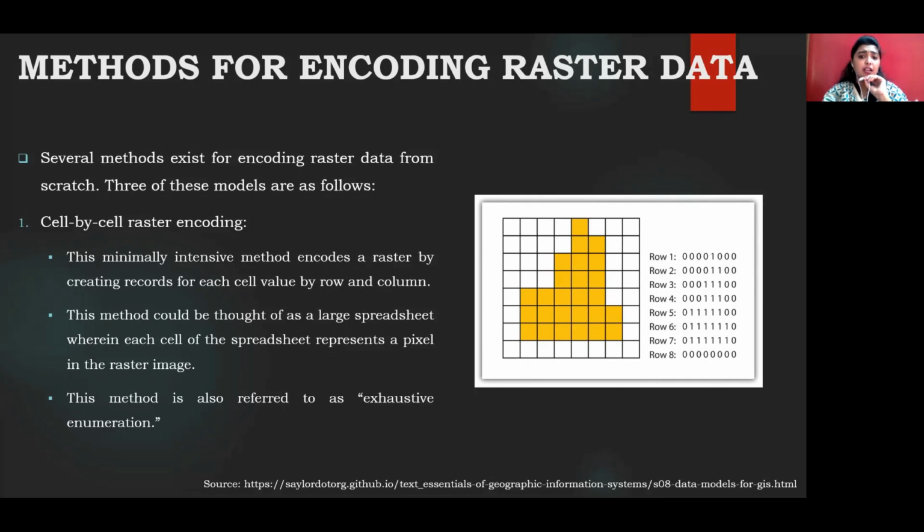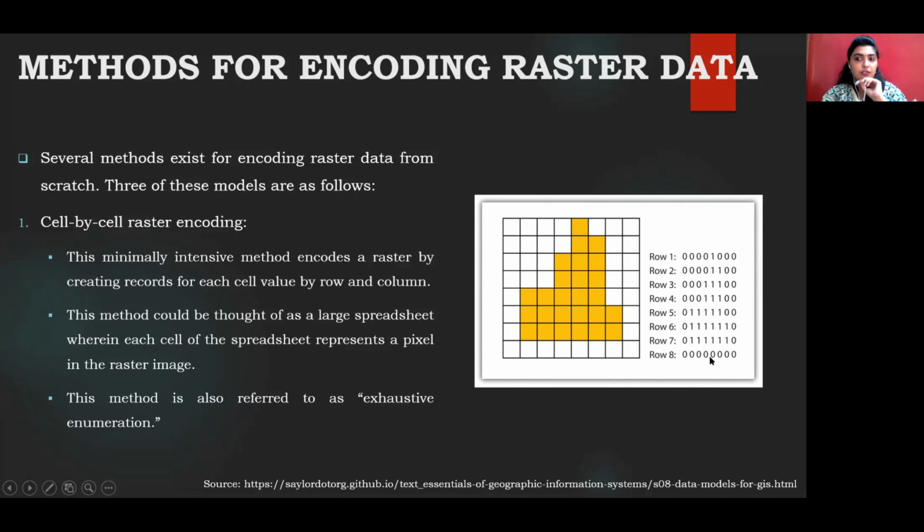So see here, in the image that is given here, you see row 1 of the pixels. Row 1 has only one pixel yellow. So what will happen is this 1, 2, 3 and 4. So you have 4 zeros. So that is nothing there. Then you have one yellow over here. So it has 1. Then you have nothing again for the next 3. So it is 0, 0, 0. See the 8th one. It has nothing. No yellow pixels.